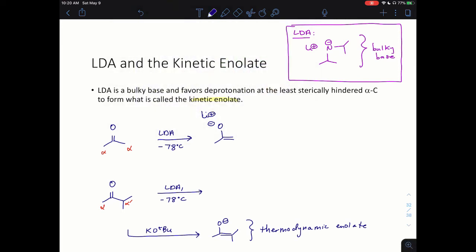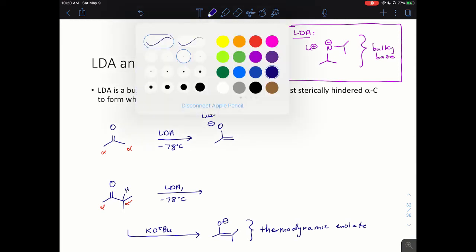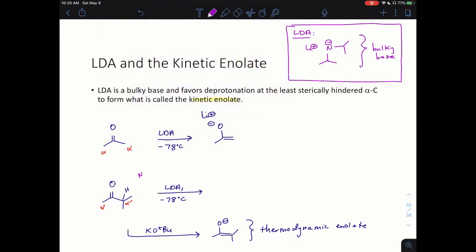There are steric considerations for the energy of the transition state of this deprotonation. And it's very difficult for LDA to get in to deprotonate the proton that leads to the thermodynamic enolate. So instead, LDA favors deprotonation of the least sterically hindered alpha carbon.